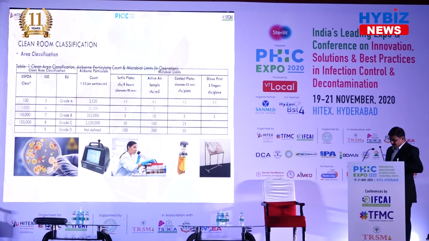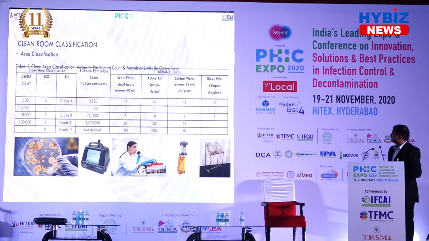Accordingly, for active air sampling, it is less than 1 for grade A, 10 for grade B, 100 for grade C, and 200 for grade D.